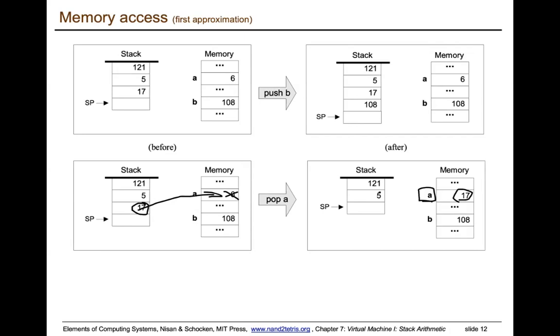So push is a copy to the stack, while pop moves 17 out and puts it at address A, overwriting 6.